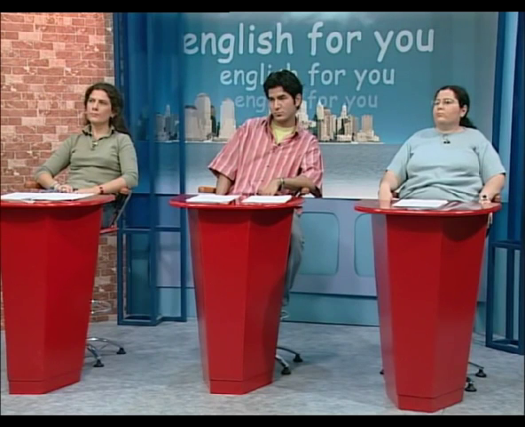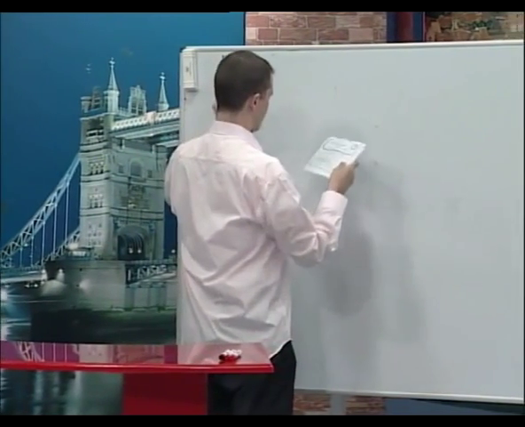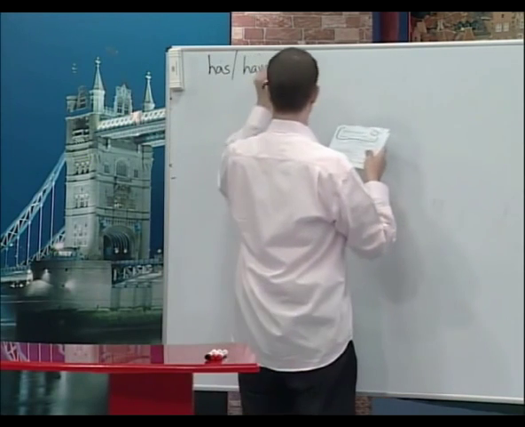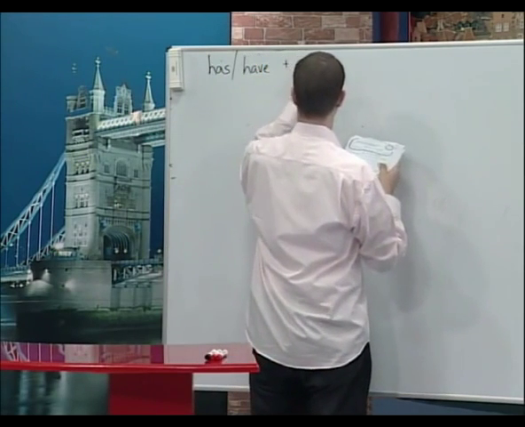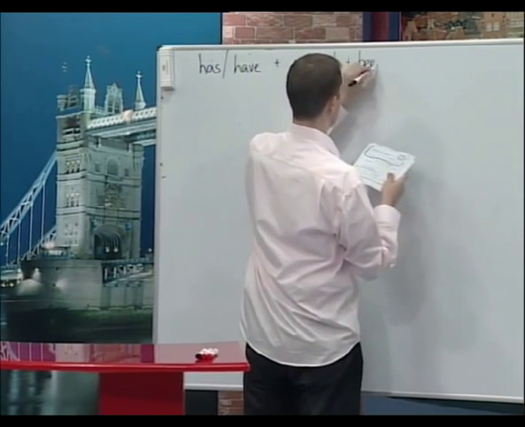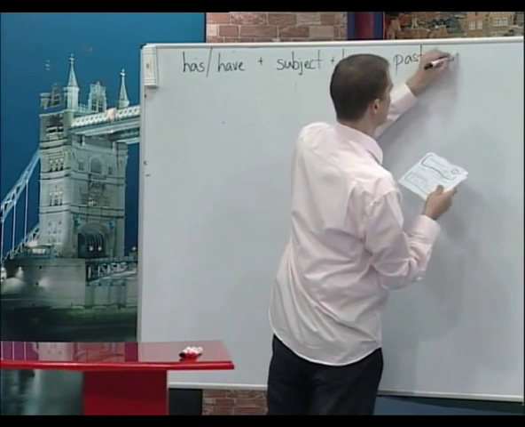So, yes-no question, using the passive voice of the present perfect, we use this formula. Has or have plus subject plus been plus past participle.